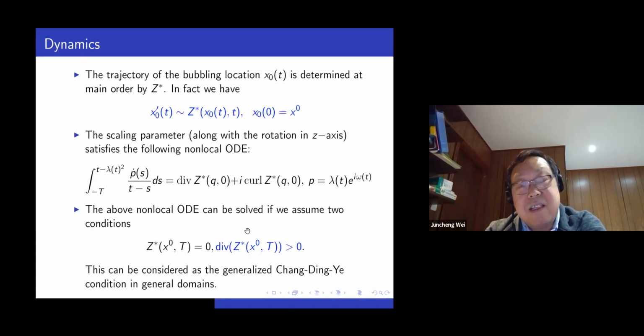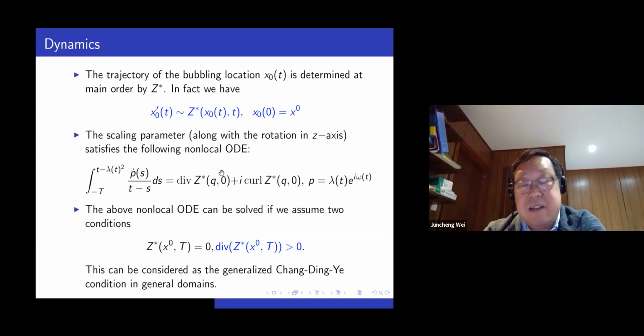This condition is a generalized Zhang-Ding-Ye condition. The Zhang-Ding-Ye condition is for the co-rotational case, and this is the condition in the general domain, in the general data case.